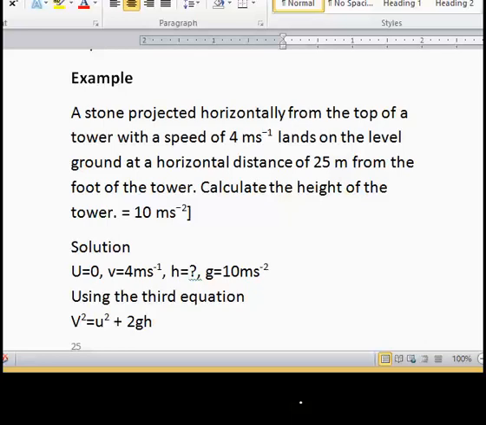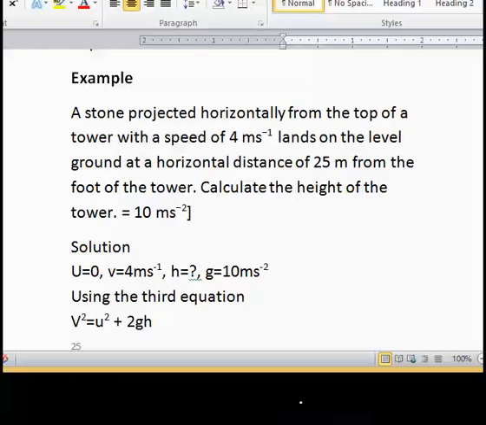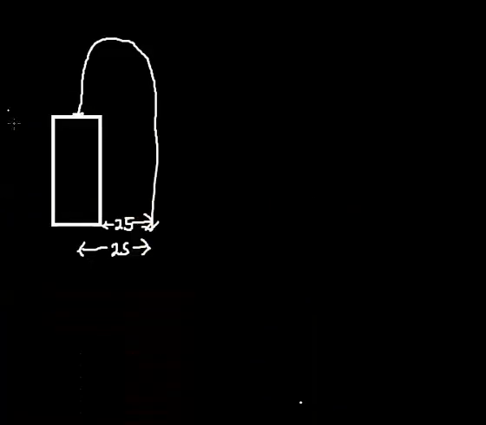Calculate the height of the tower. So I'm looking for the height of this tower. I don't know what it is, so let me call it h.